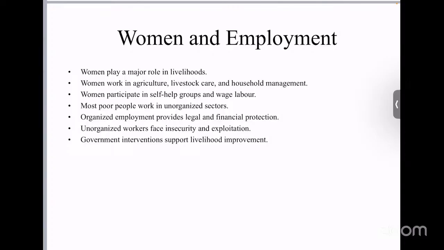Technology and globalization transform livelihood systems, infrastructure and social capital are important for development, livelihood systems are linked with economic growth, and environmental changes affect livelihoods significantly. We also looked separately at the farm sector, non-farm sector, the role of women, and employment.